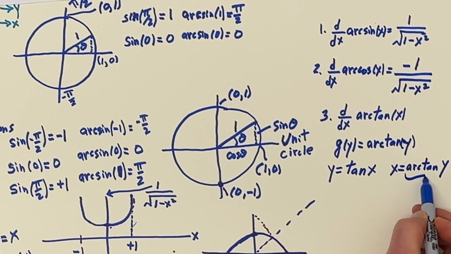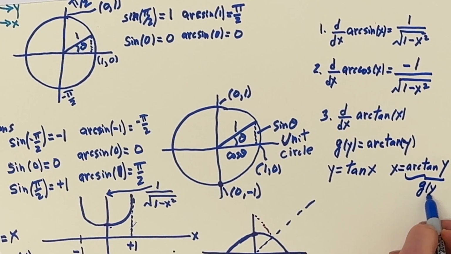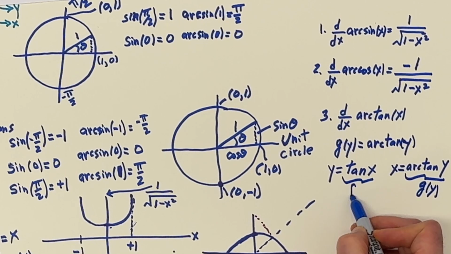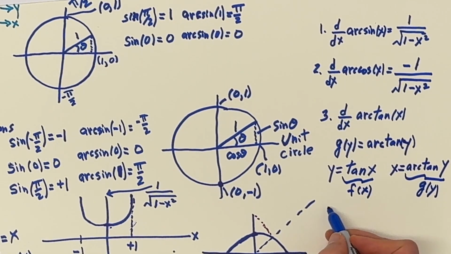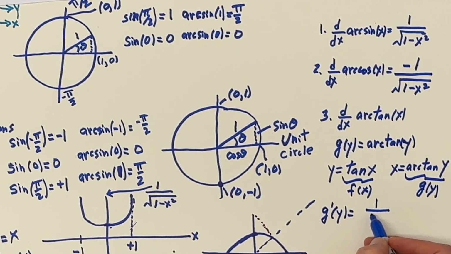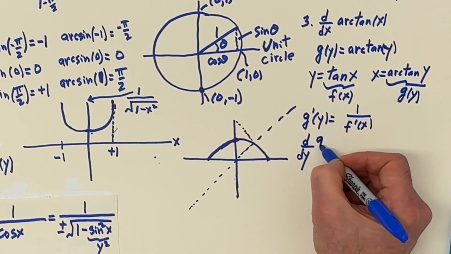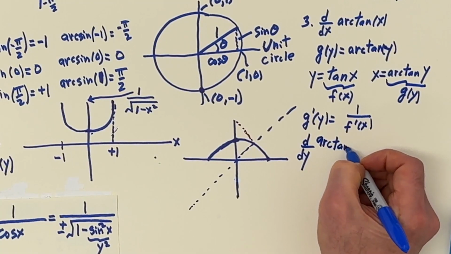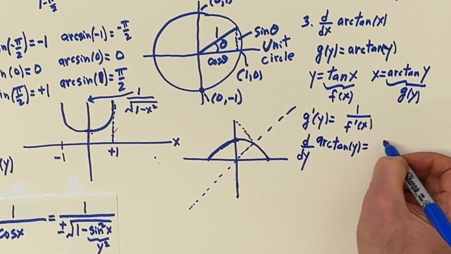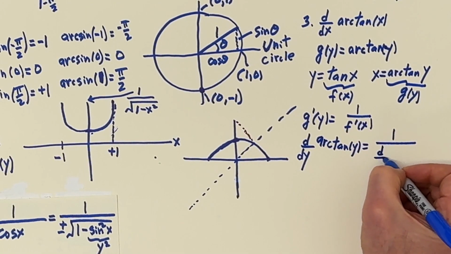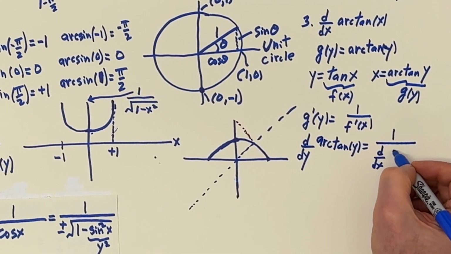And then we just consider this as a g of y, and we consider this as an f of x, and then we use our formula that g prime of y is 1 over f prime of x. So that means the derivative of the arc tangent of y is 1 over the derivative of the tangent of x.